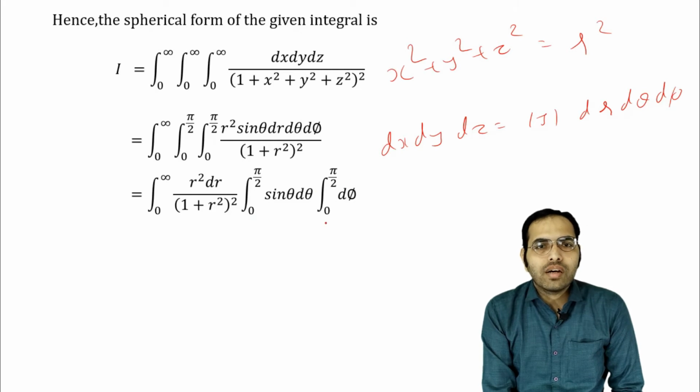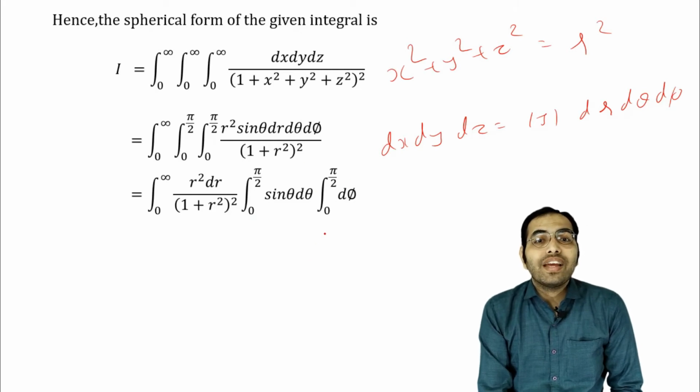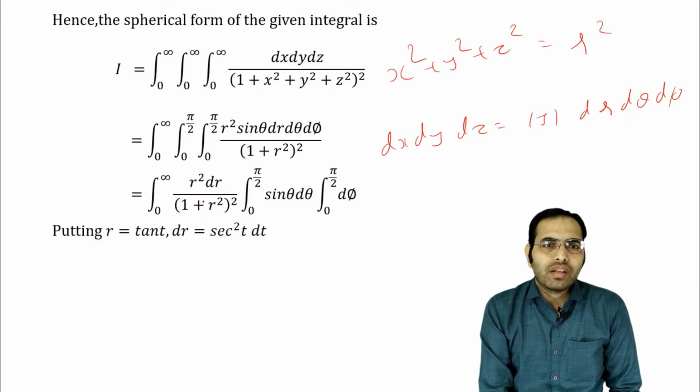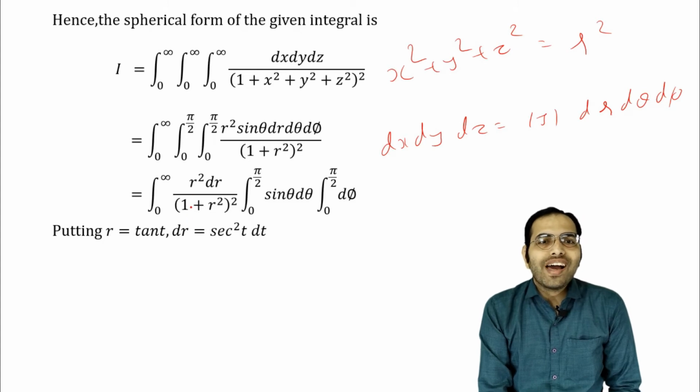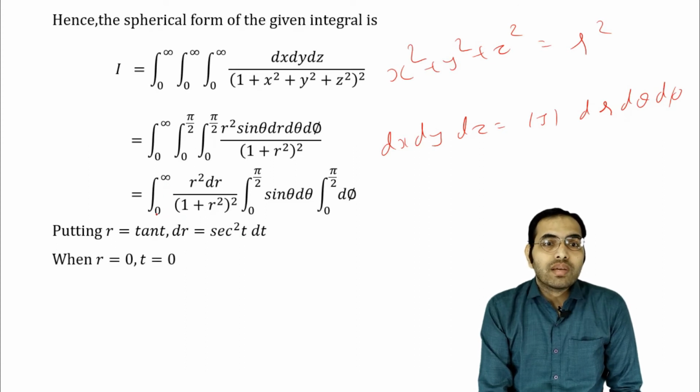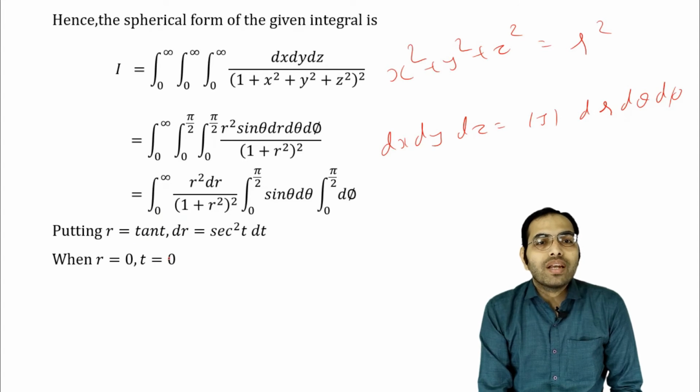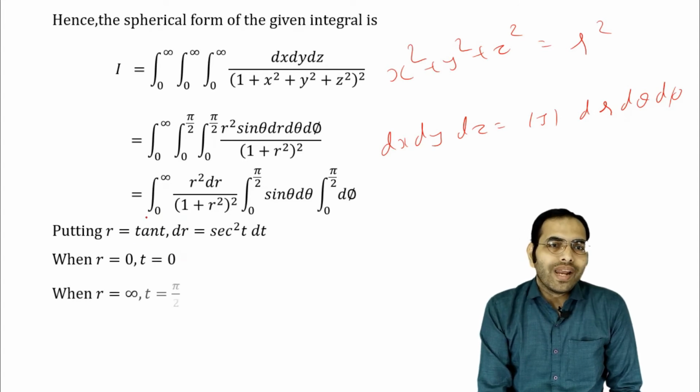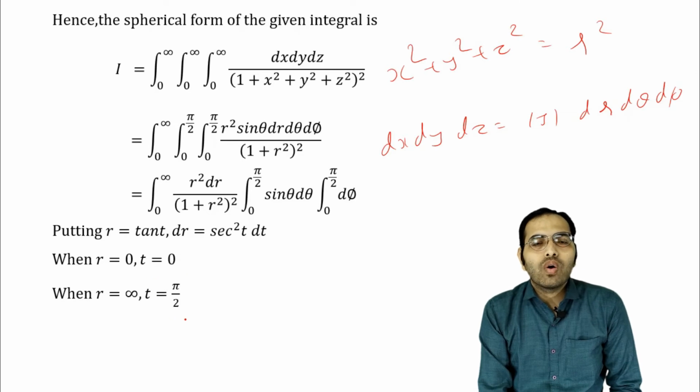The second and third terms can be integrated directly, but the first term cannot. So with the help of the substitution method, assume r equals tan t, or r equals tan theta, whatever; here I take r equals tan t, so dr equals sec square t dt. Here r varies from 0 to infinity: substituting r equals 0, tan t equals 0, so t equals 0; when r equals infinity, t equals pi by 2.